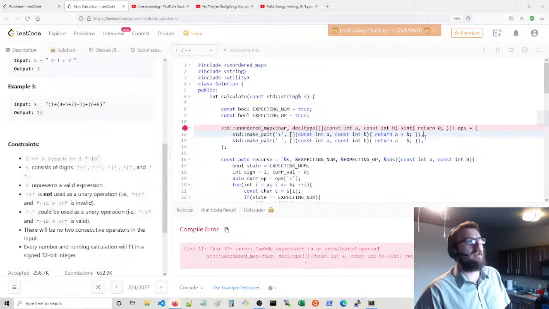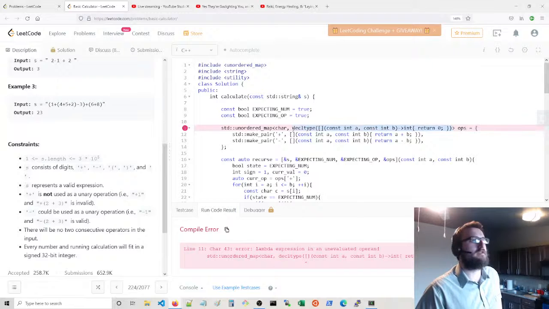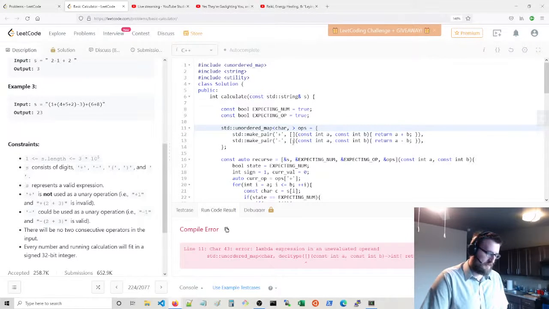Why can't I... That's really interesting. I mean, you can make them function pointers if you really wanted to, I think. I've done this before though. Why is this not working now?